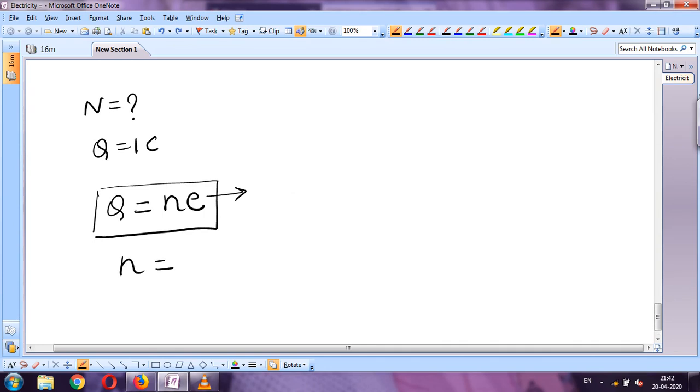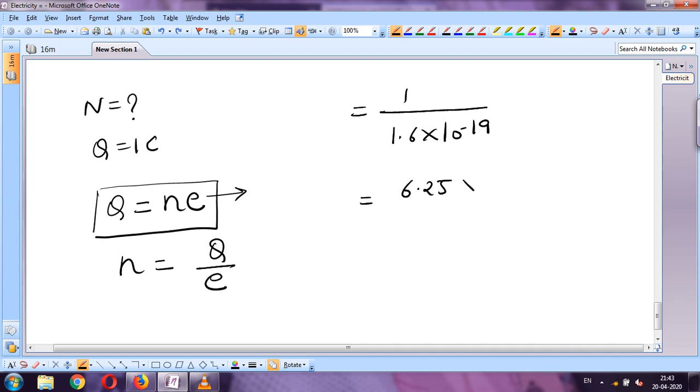So N will be equal to Q upon E. Charge is 1 and E is 1.6 into 10 to the power minus 19. When you solve it, you will get 6.25 into 10 to the power, not minus, plus 18, which you can write approximately equal to 6 into 10 to the power 18.